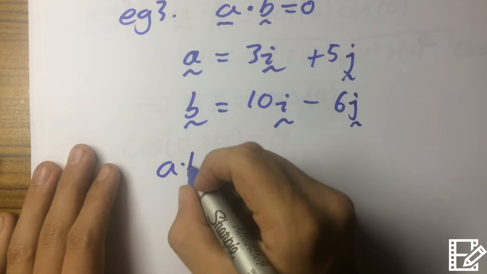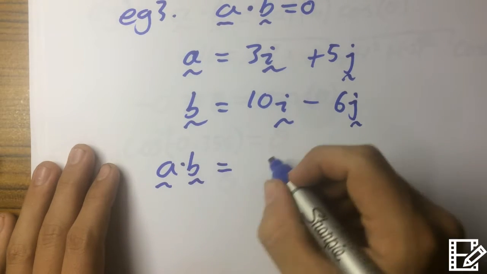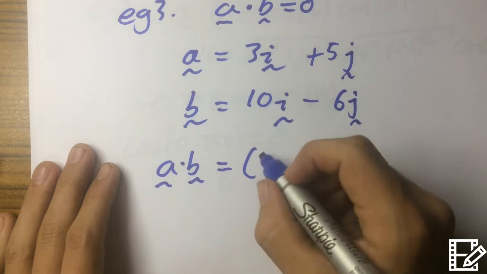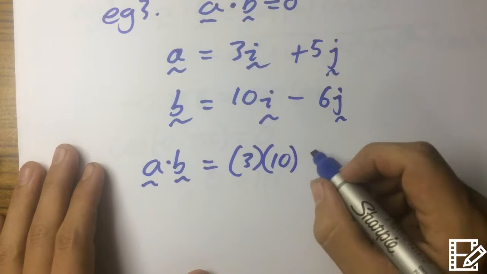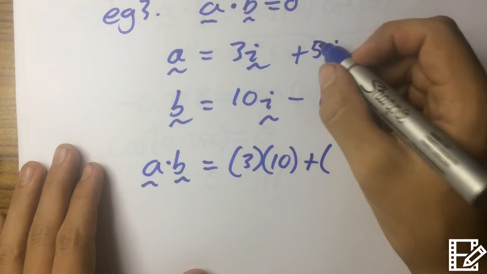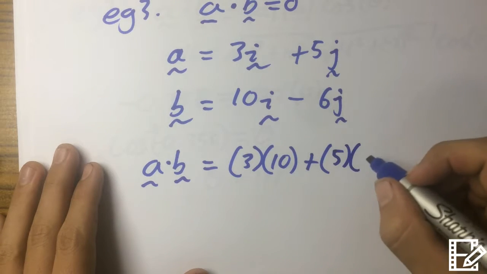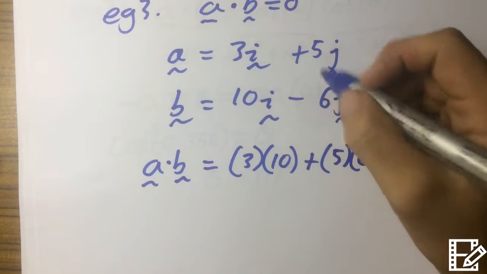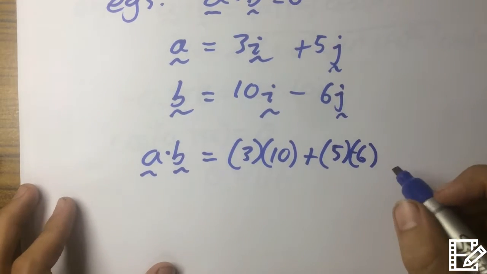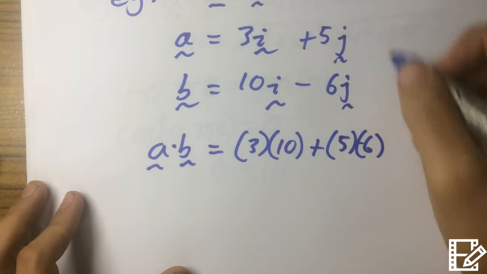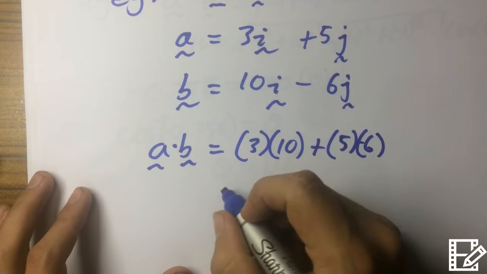So A dot B will equal 3 multiplied by 10, because we multiply the i components together, and then we add that to 5 multiplied by 6, the j components multiplied together. That's actually a negative 6. And we add on the k's if the k values were there.